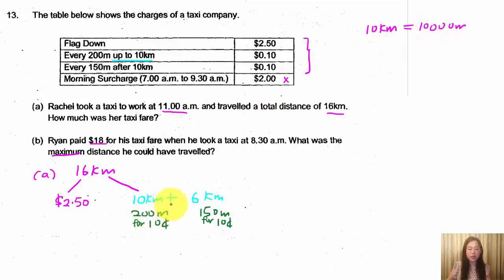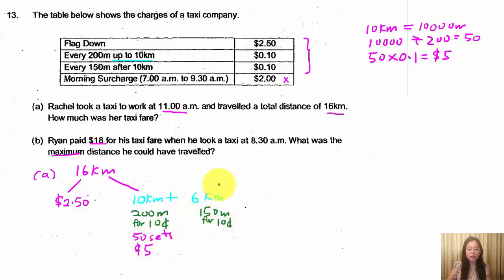So to find the number of sets here, we have to use 10,000 divided by 200, which is equal to 50 sets. If there are 50 sets here, and for every set you have to pay 10 cents, the price here will be 50 multiplied by 0.1, and you pay $5 here. So this is $5.